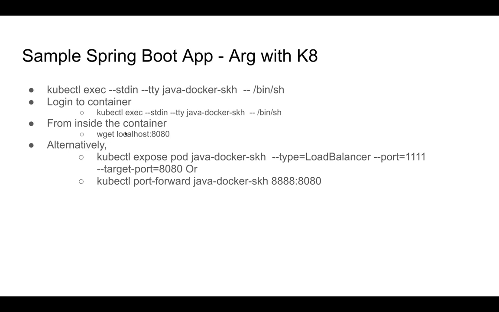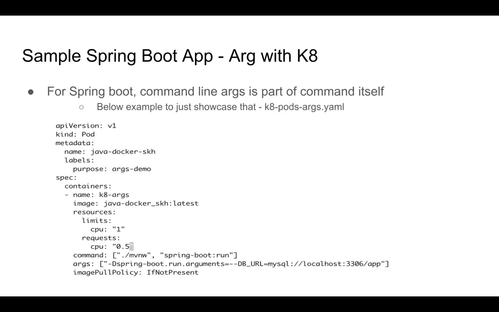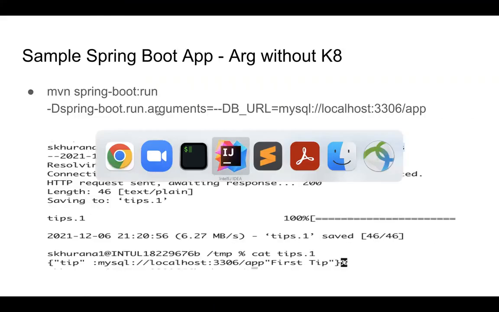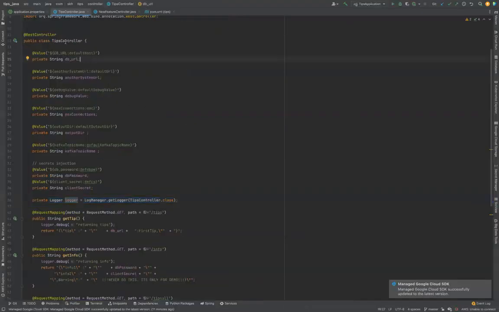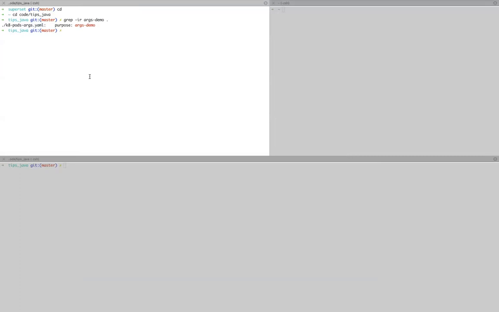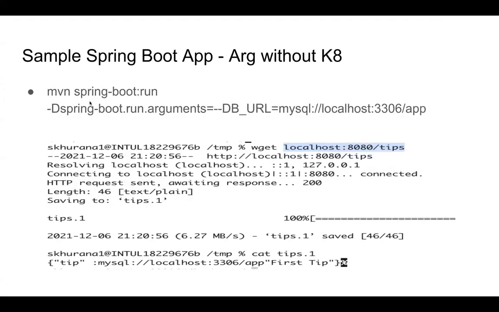So let's just run this example, and we'll see. We'll start from here. This is the application tips controller, and it's inside this path. I will go inside this, this is where the project is, and I will run the same arguments.